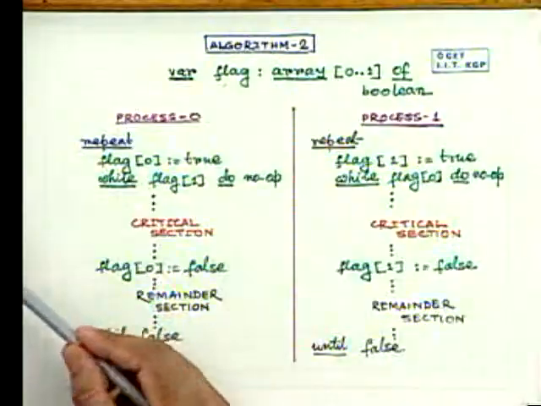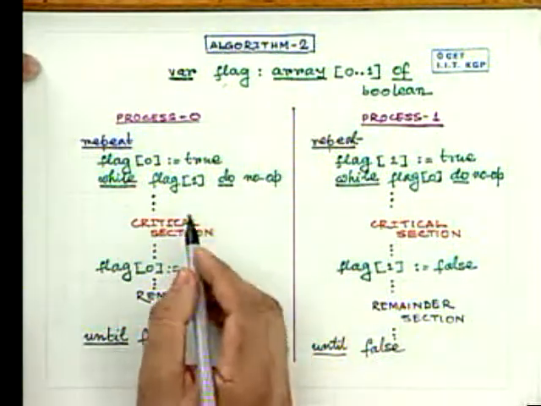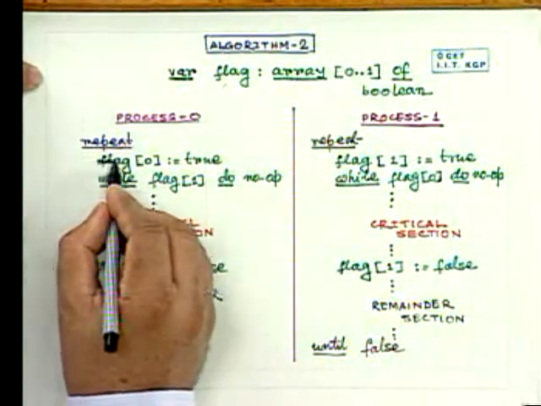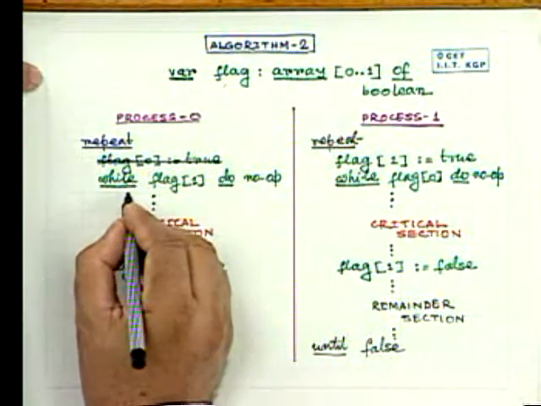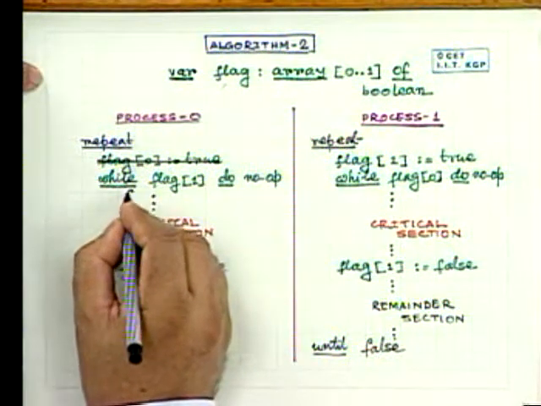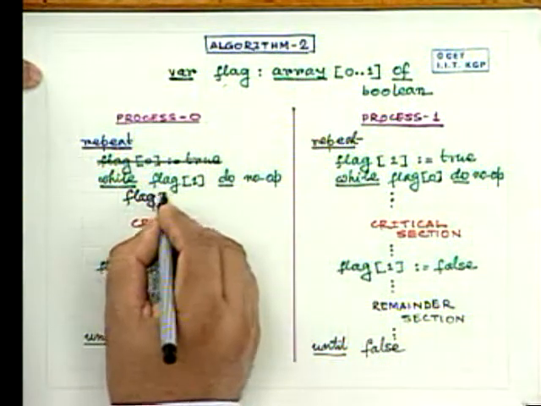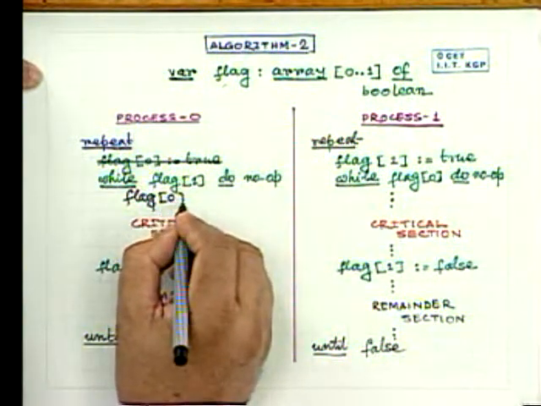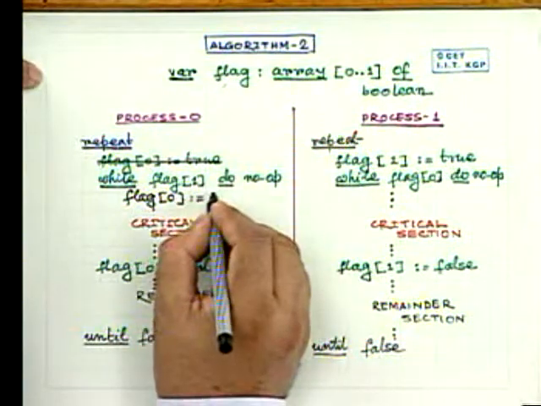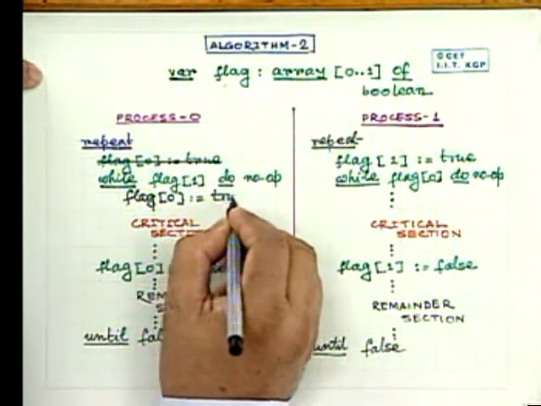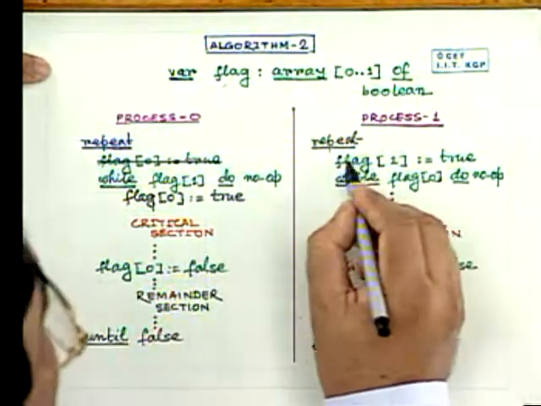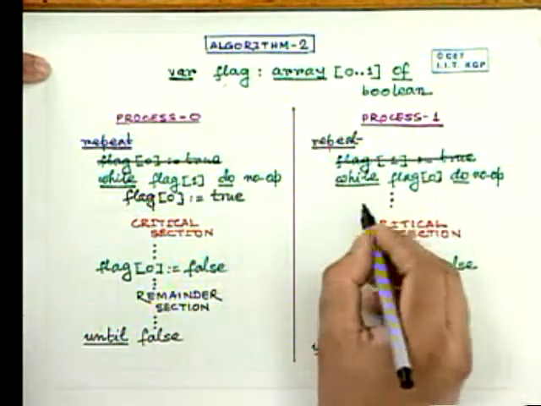Now, does the situation improve? Let us see by, say, moving this flag 0 at this point. Similarly, let us move this one.